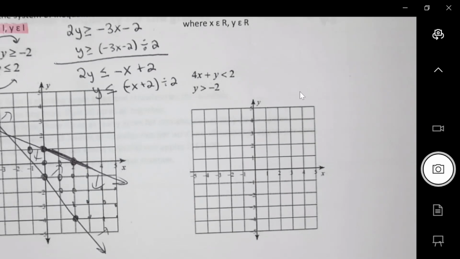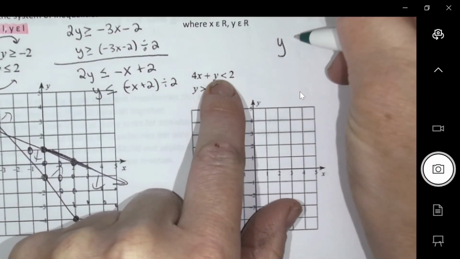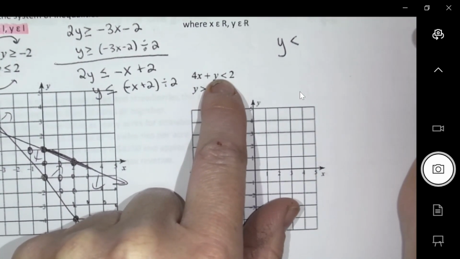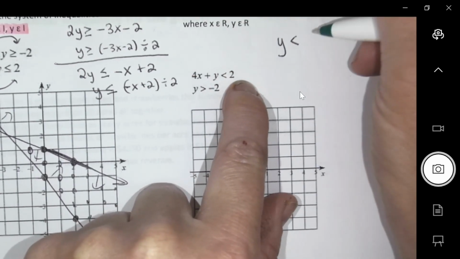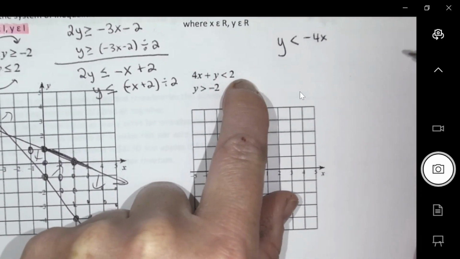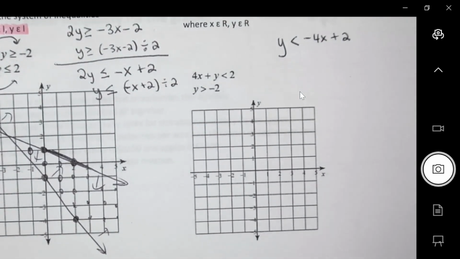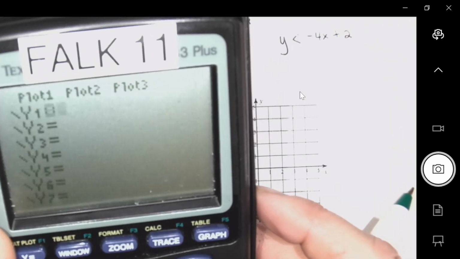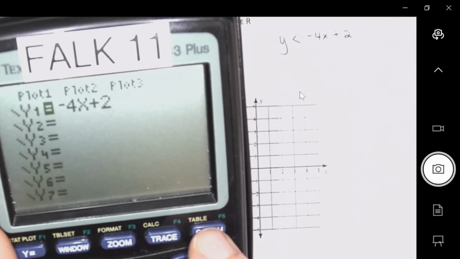Okay, last one of these. So I'm going to leave the y less than. I'm going to move 4x. And I don't have to do any dividing, so that's nice.